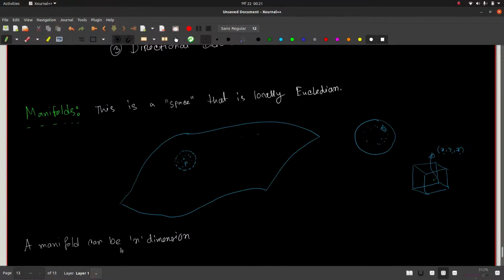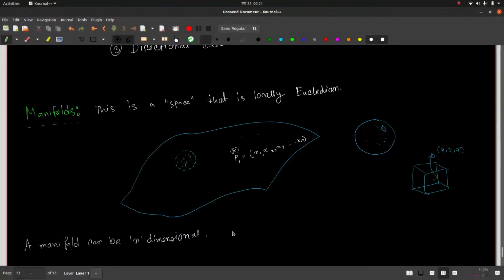So a manifold can be n-dimensional, and by this we mean that every point in that manifold, let's say P1, will be completely characterized by some n numbers, and let's call those numbers x1, x2, x3, dot dot dot, xn. That means if you want to pinpoint a point on the manifold, you will need n entries.